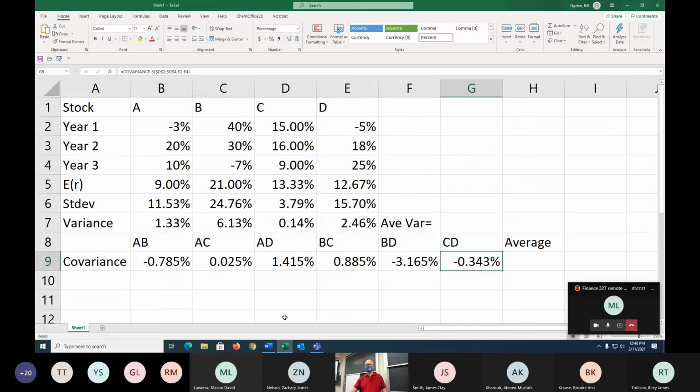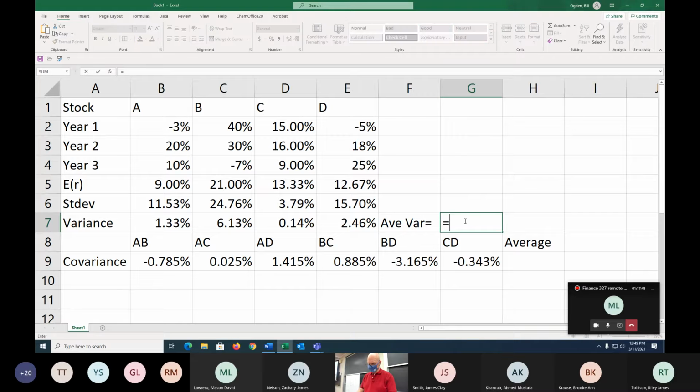2, 4, 3. Okay, for later analysis, we need averages. So I need to average the variances. I need to average the covariances, and we'll see why later. So right now, let's do an average of the variances. We didn't get that far? We didn't do that, did we? Okay. Average of these 4 right here.